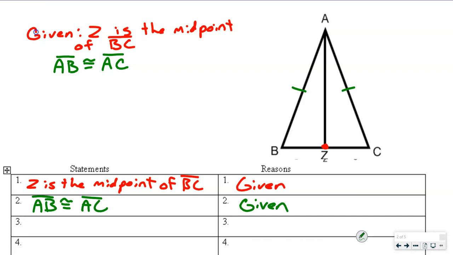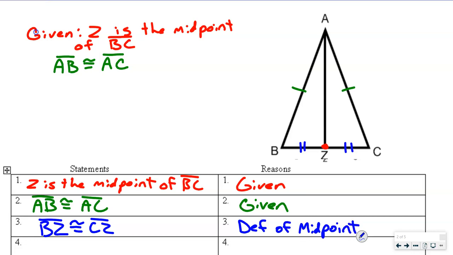So how can we come to another conclusion, make another statement off of what we have? Well, if Z is the midpoint of BC, that tells me that BZ is congruent to ZC or CZ. So BZ is congruent to CZ, and that is because of the definition of a midpoint.